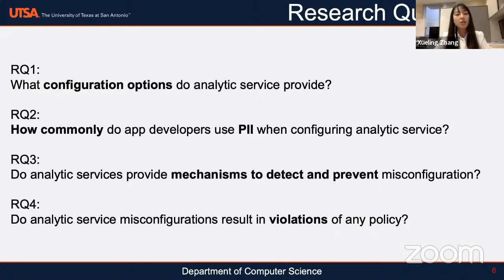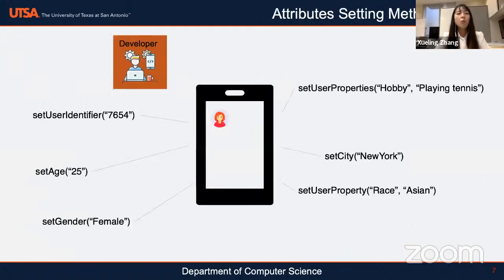To get to those questions, we needed to start by looking into how to configure the user's attributes. We learned that analytics services usually provide specific methods that allow app developers to set attributes for their users. We refer to those methods as attribute setting methods, or ASMs. For example, set user identifier. This method allows app developers to set the unique ID for the individual using the app.